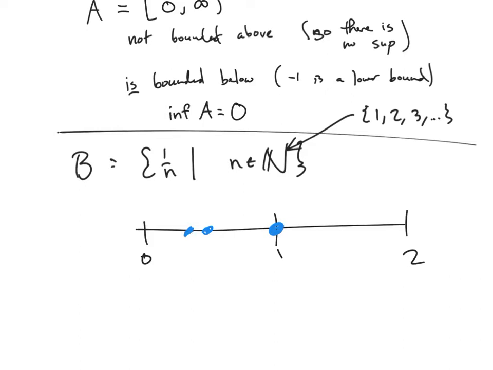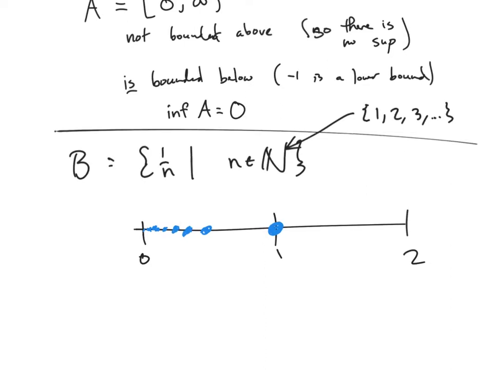The next would be 1 over 4, which is here. So these points keep going like that. Somebody tell me, is 0 part of this set? No, it's not, because 0 cannot be written as a fraction 1 over some whole number. So 0 is not in this set.